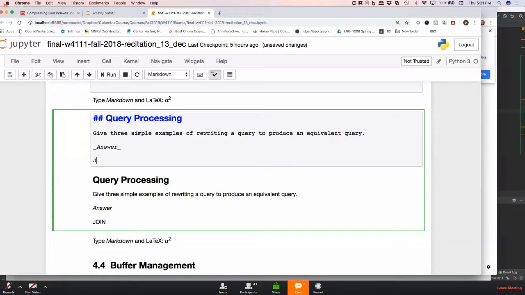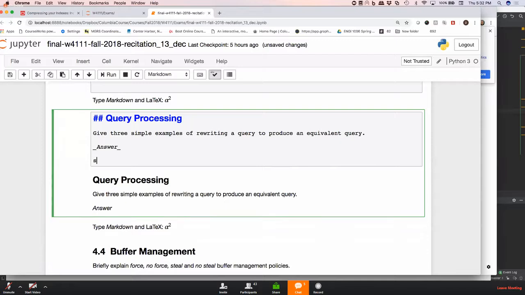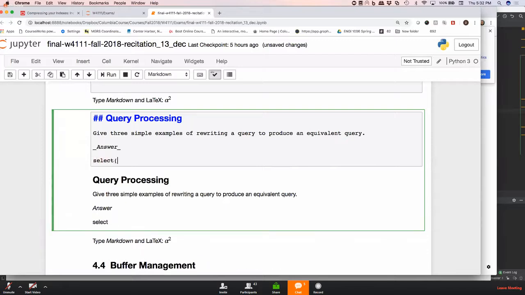So select, I'm going to capitalize it. Select of join of A comma B is equal to join of select on A, comma, select on B.